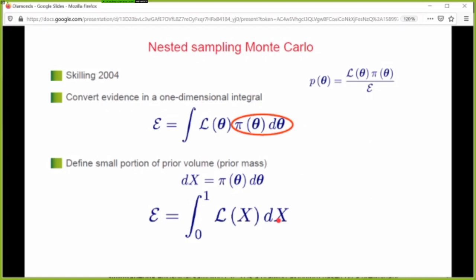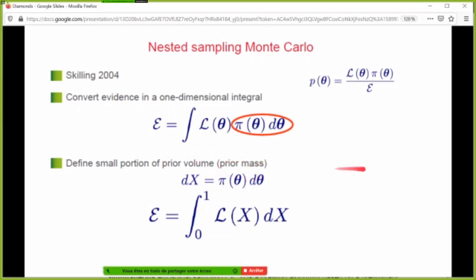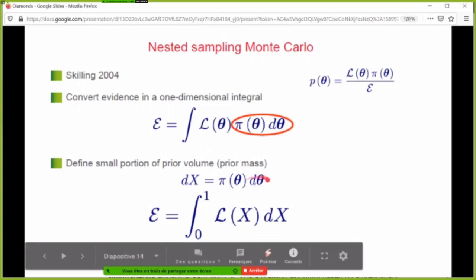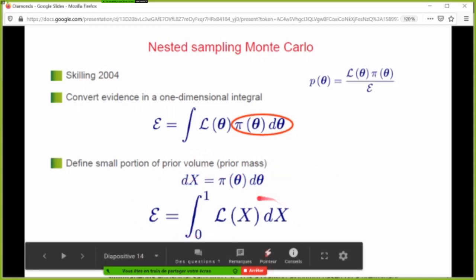To do that, he introduced the concept of prior volume or prior mass, which is actually the prior multiplied by the infinitesimal volume in the parameter space. And doing that, we get this integral that we are going to solve.